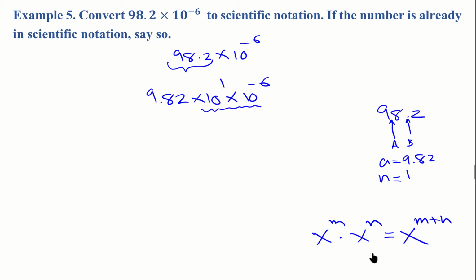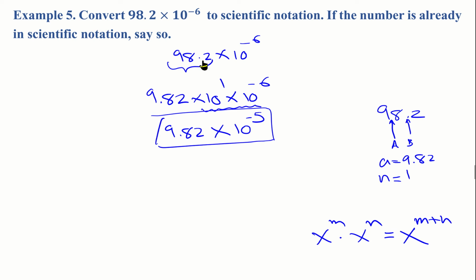Product rule for exponents. So you get 9.82 times 10 to the negative 5. There you have it. You have just converted 98.2 times 10 to the negative 6 to scientific notation. It becomes 9.82 times 10 to the negative 5.